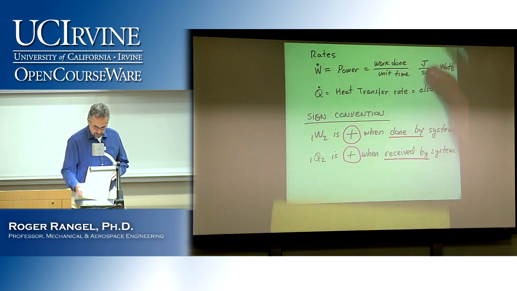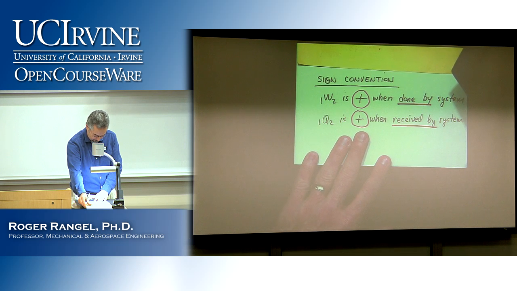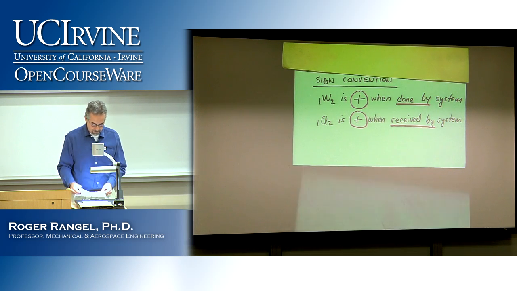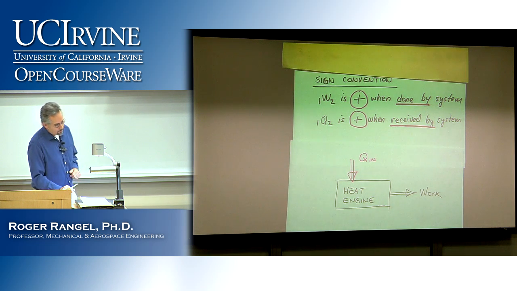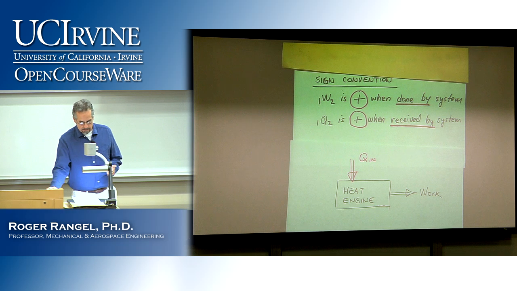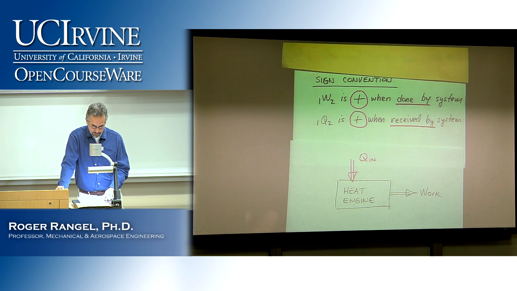And the sign convention is very simple. Let me put that there. You can see that, and you can also see this. It's the signs that we assign to the quantities work and heat transfer. And they are different. That's why it sometimes gets confusing.